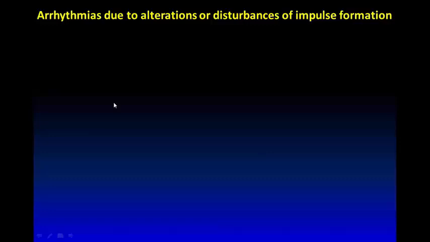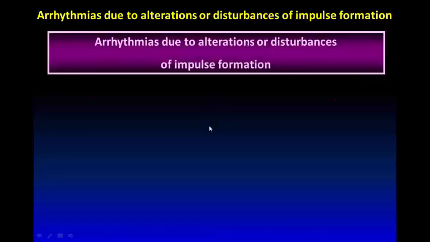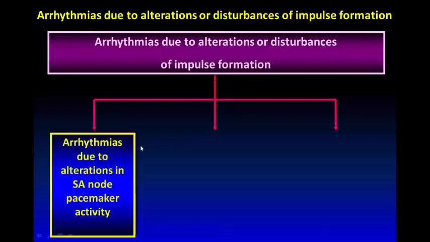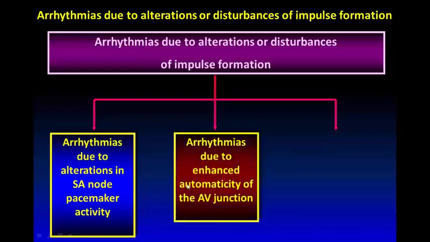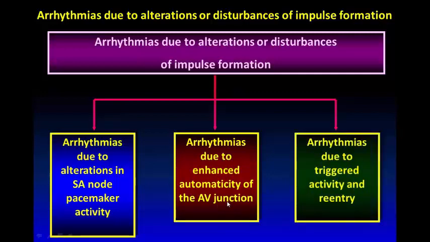Let's begin with the arrhythmias which are due to alterations or disturbances of impulse formation. These arrhythmias are further subclassified into arrhythmias due to alterations in the SA node pacemaker activity and arrhythmias due to enhanced automaticity of the AV junctional tissue and arrhythmias due to triggered activity and re-entry.